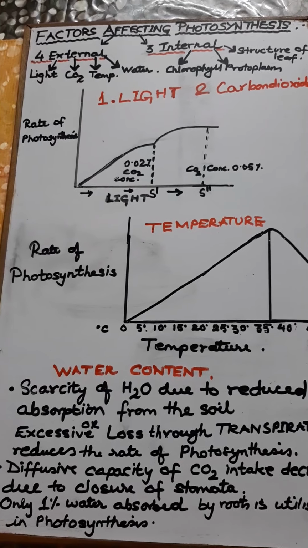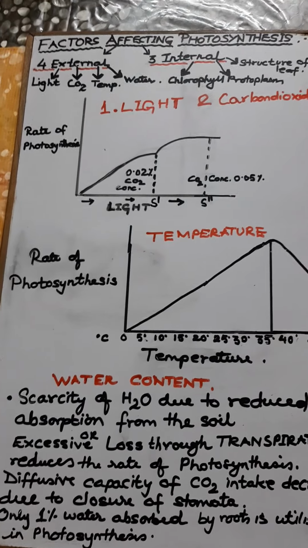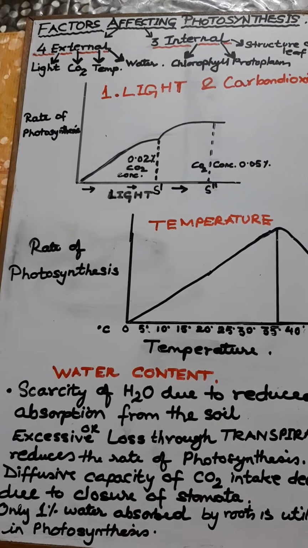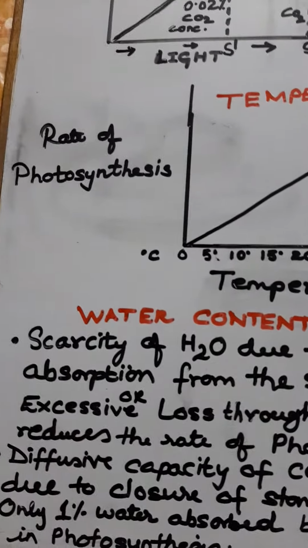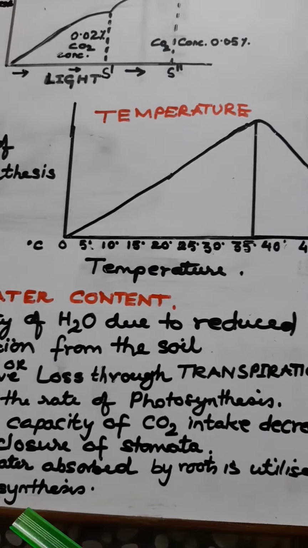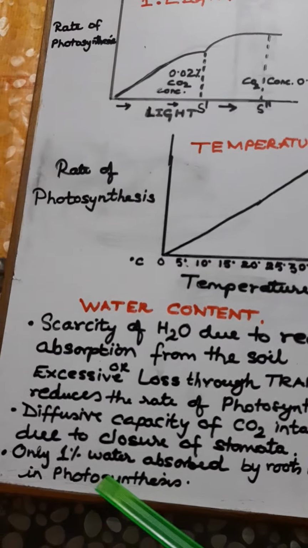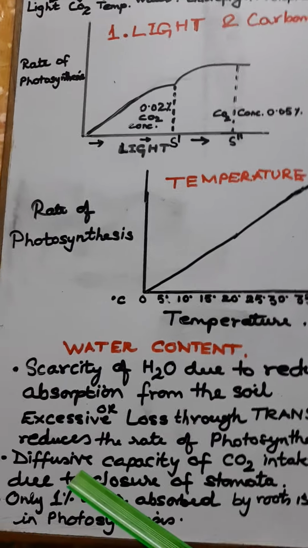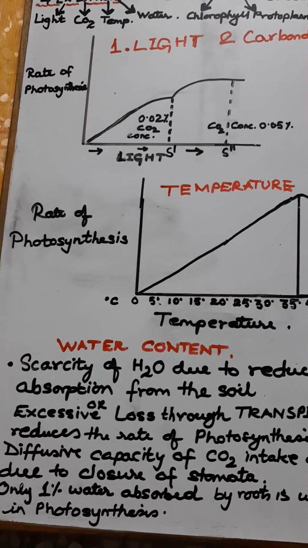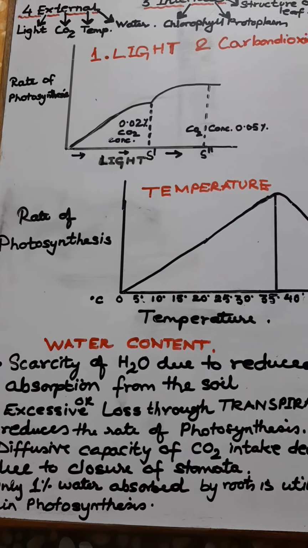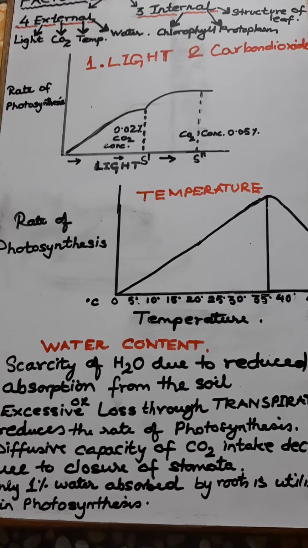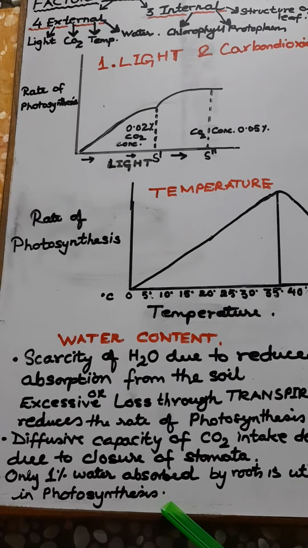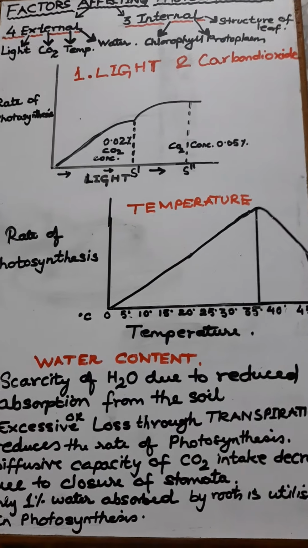Now, once carbon dioxide cannot get inside the plant body, then the photosynthesis cannot take place. Though only 1% of water absorbed by the roots is utilized in photosynthesis, only 1% is utilized. But water is essential for keeping the guard cells turgid, and other functions also there of water, but only 1% is used by the plant in photosynthesis.